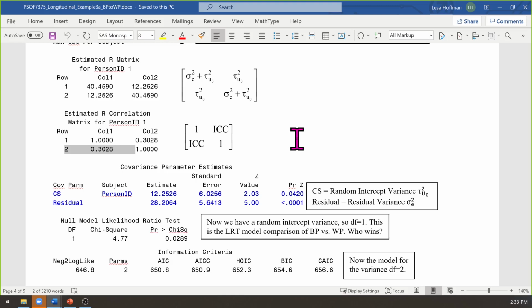The other 70% is within persons over time. So 30% is at level 2 between persons, 70% is at level 1 within persons. The other way you can talk about it is pretest is correlated with posttest at 0.3. Either way, it ain't zero though.